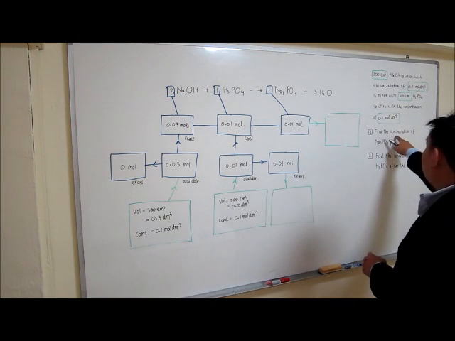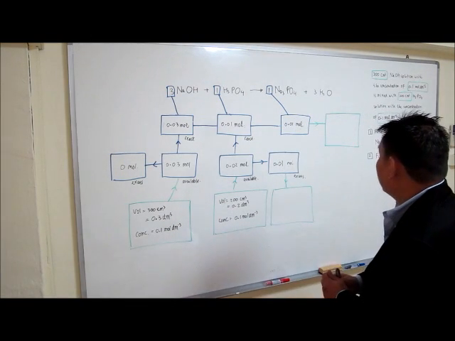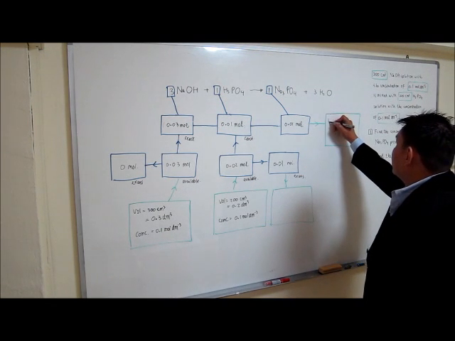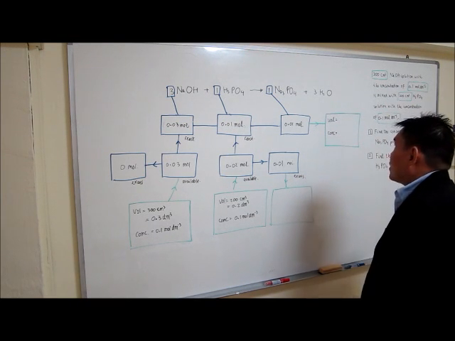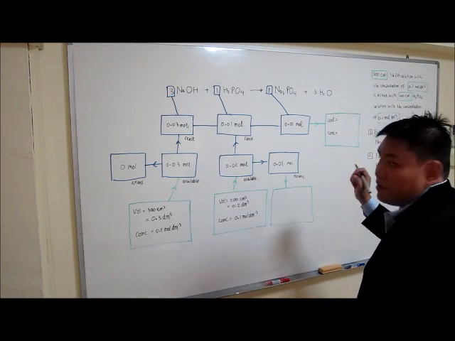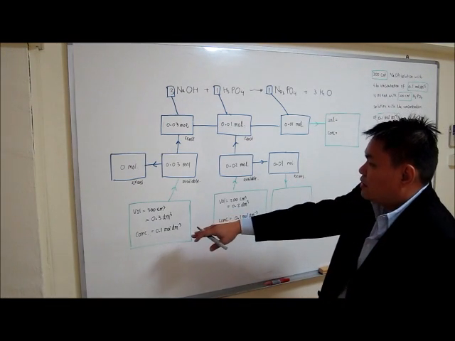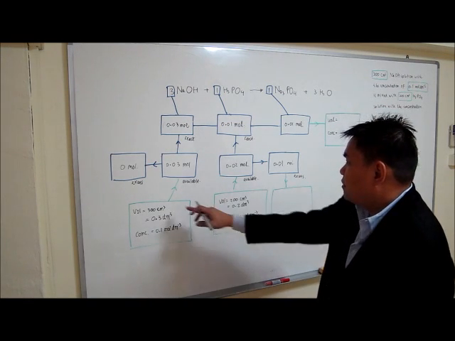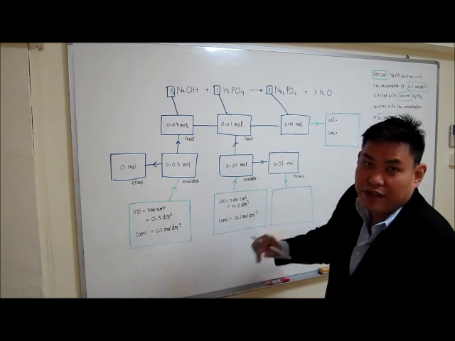They are asking for the concentration. We need to use formula number 4 in mole calculation. Concentration equals mole over volume. So we fill in here volume and concentration. Now the volume of sodium phosphate is not given. Remember, if your calculation involves aqueous solution, the volume after the reaction is you add up the volume of individual solution.